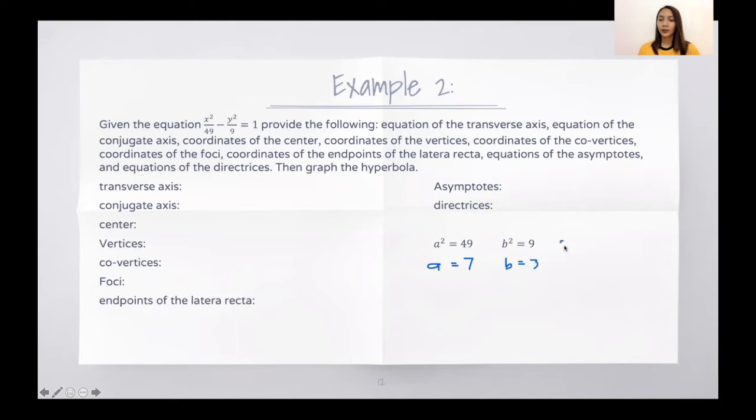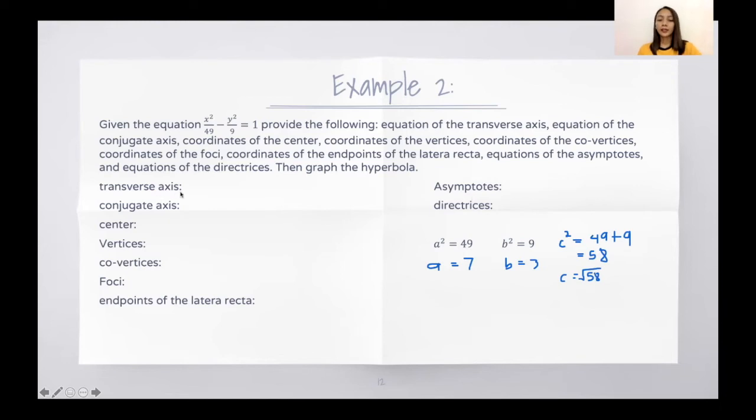Okay, so to find the value of c squared, we're just going to add 49 plus 9, which is equal to 58. So just square root. So c is the square root of 58.